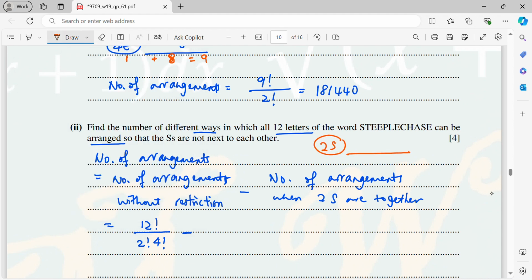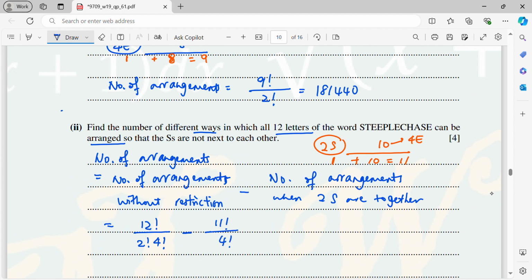Okay? So now, number of arrangements without restriction means that you are arranging all 12 letters. But out of 12, remember, we have two S's and 4 E's, so divide by 4 factorial. Minus when the two S's are together. That means you still have 10 other letters. So that total is 12 letters. But out of the 10, you have 4 E's. When you arrange, you treat 2 S's as 1 and then plus the 10. That means you are arranging 11 letters. So the number of arrangements becomes 11 factorial. Since you treat 2 S's as 1, now you have to consider the 4 repeating E's.